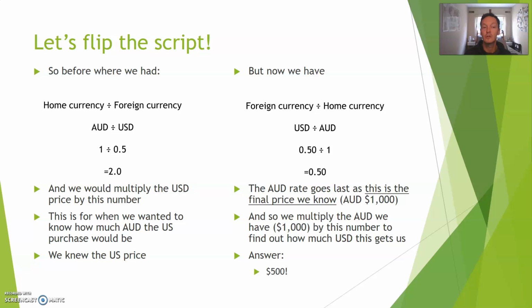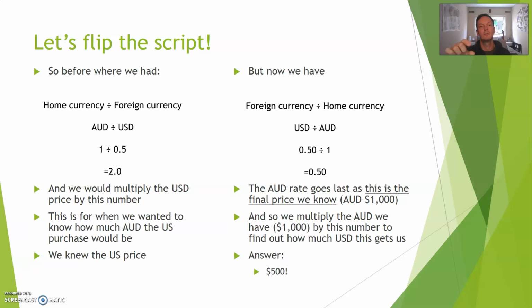See, in the first one, Australian was first, the number 1, because we didn't know how much the shoes were going to be in Australian dollars, so it went first. In the second example here, the US currency rate goes first because we don't know how much our $1,000 is going to be once we convert it into American dollars. So here, 50 cents divided by 1 gives you 50 cents.